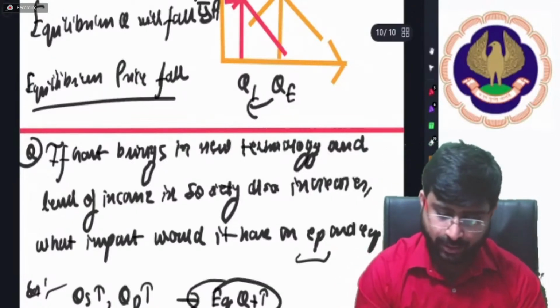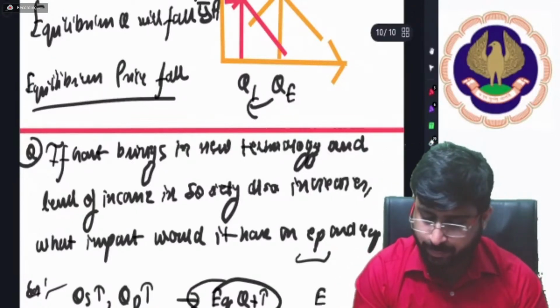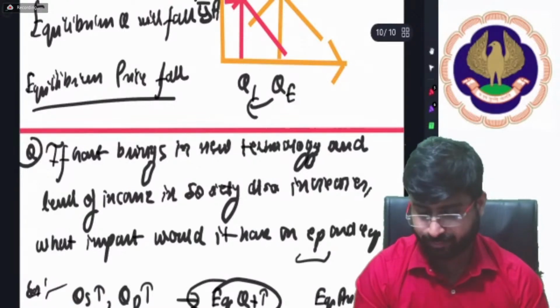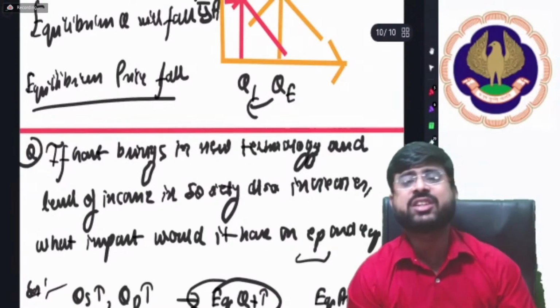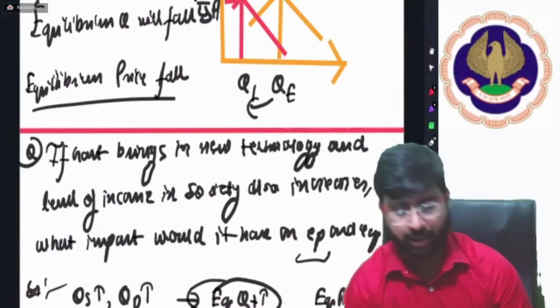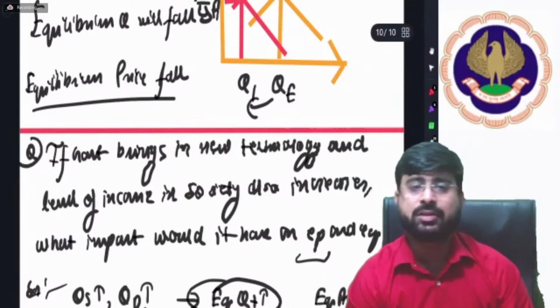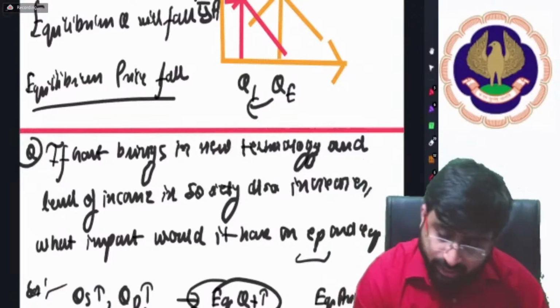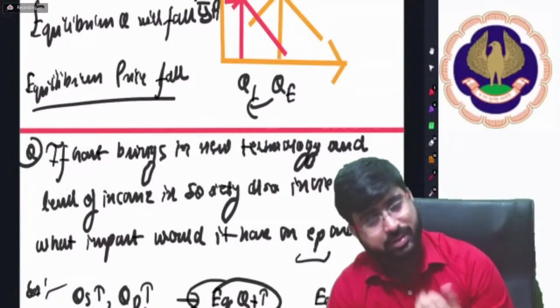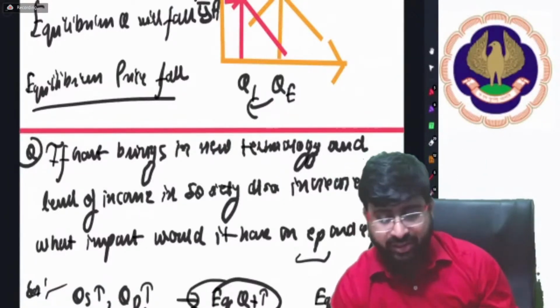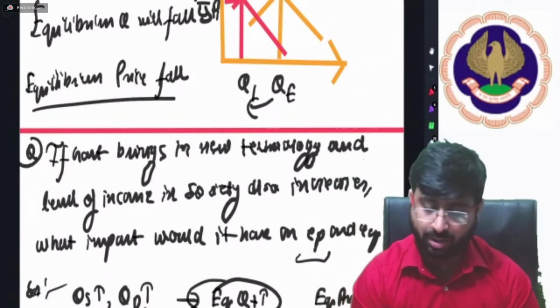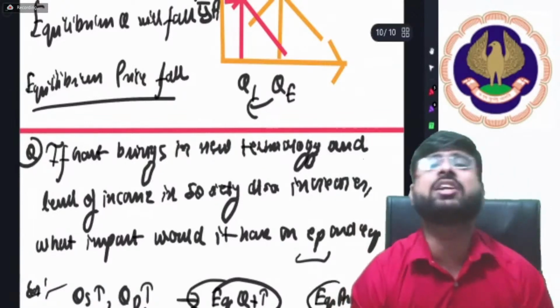You must say equilibrium price cannot be concluded. You know why? Because I have not stated by how much they are rising. Is supply greater than demand? Then equilibrium price will fall. If demand is greater than supply, price will rise. If both are same, price will not change. So equilibrium price cannot be determined.